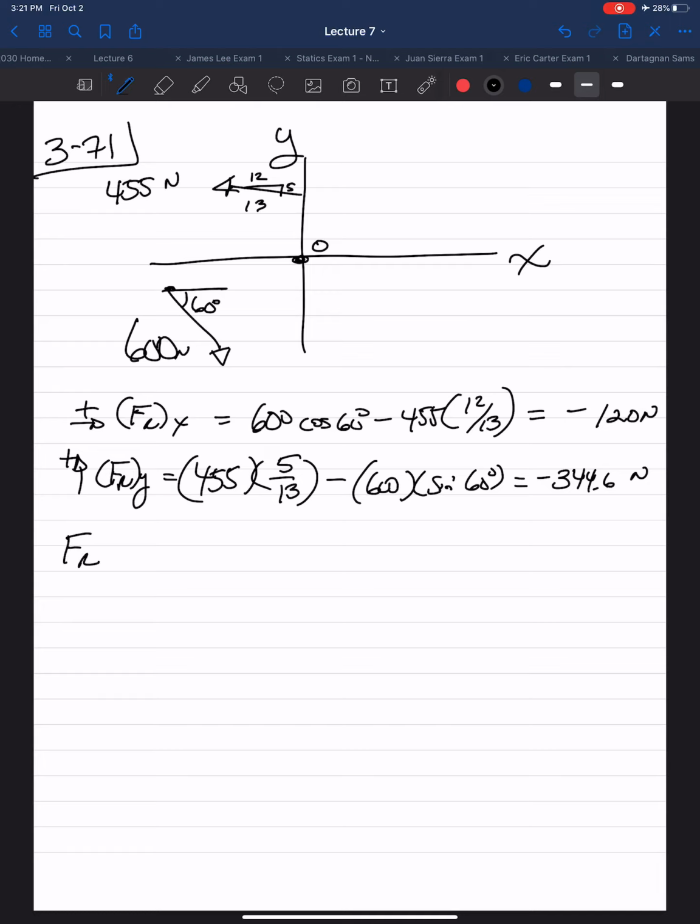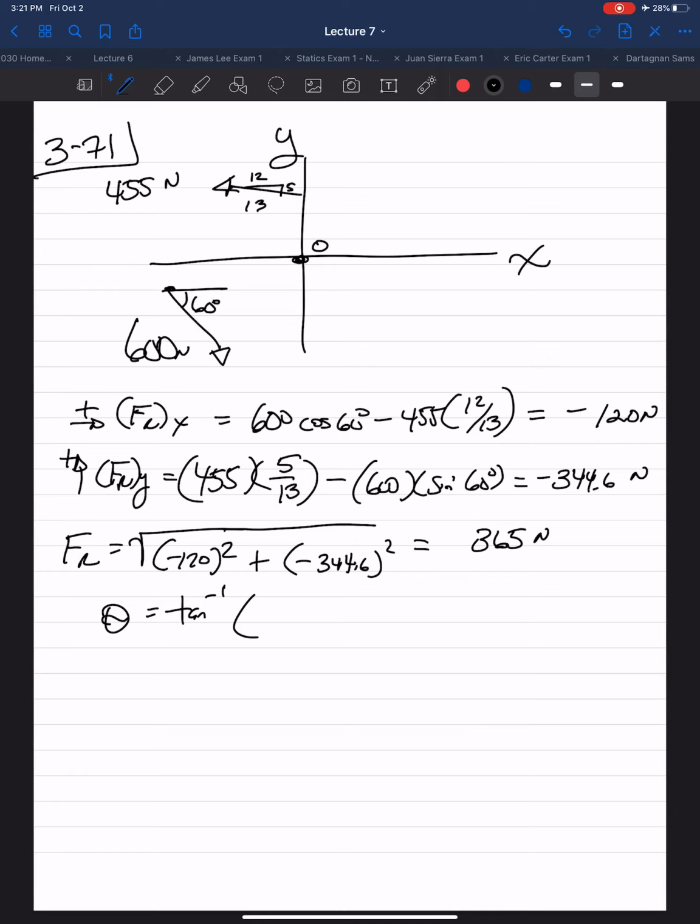My resultant force magnitude is the square root of 120 squared plus 344.6 squared, and theta of 340.